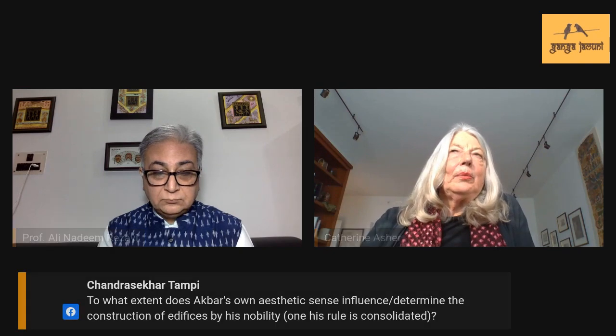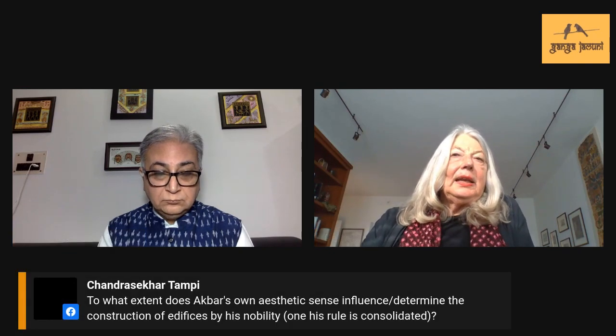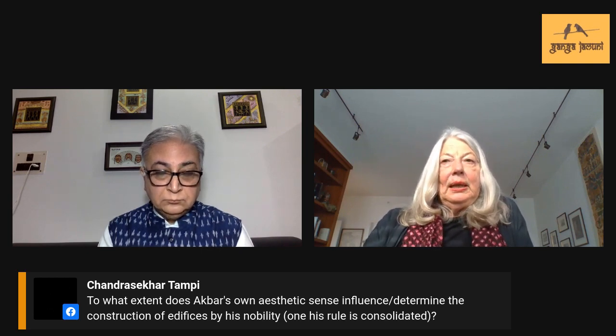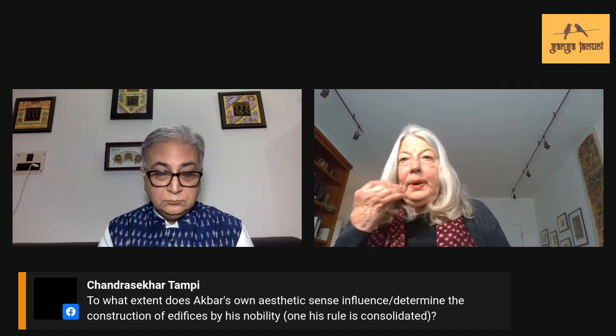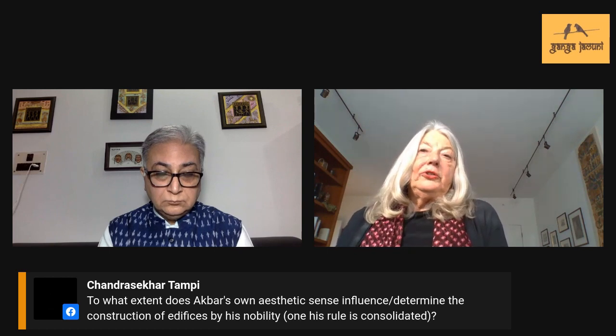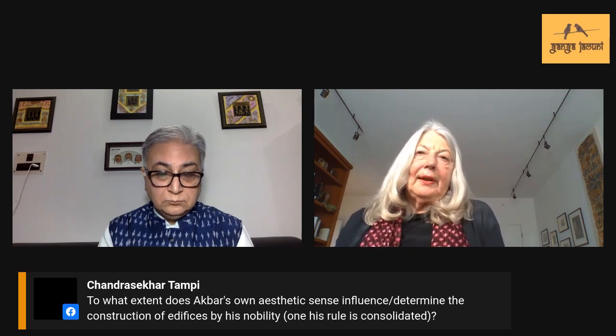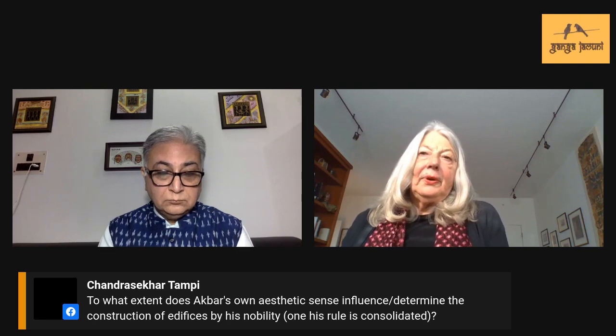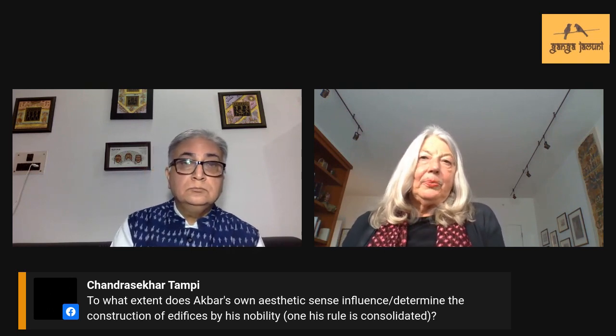I think it's very clear that certainly to some extent, or even to some large extent, the construction under the nobles is very much influenced by what's been done in the center. I think a case in point was the fact that the two Jal Mahals or water pavilions that we saw were very much based on the appearance of the Diwan-i-Khas at Fatehpur Sikri.